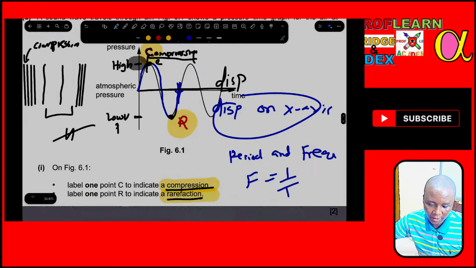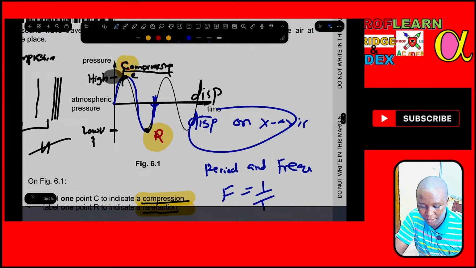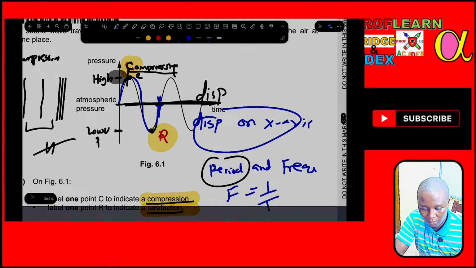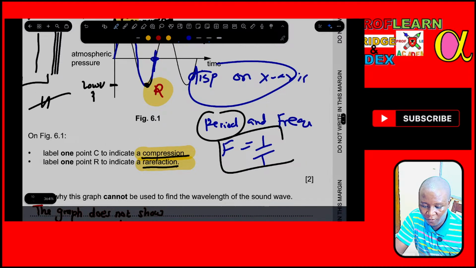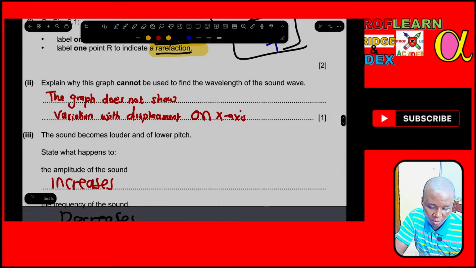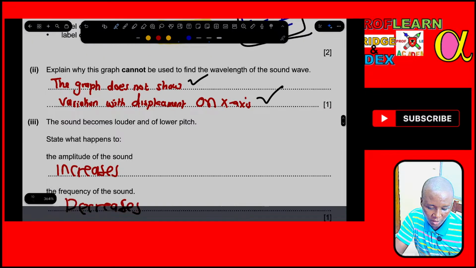So we can say this graph can only be used to measure period, because we have time in this region. It can also be used to measure frequency, because frequency is 1/T. That's something you need to remember. The graph does not show variation with displacement on the x-axis.